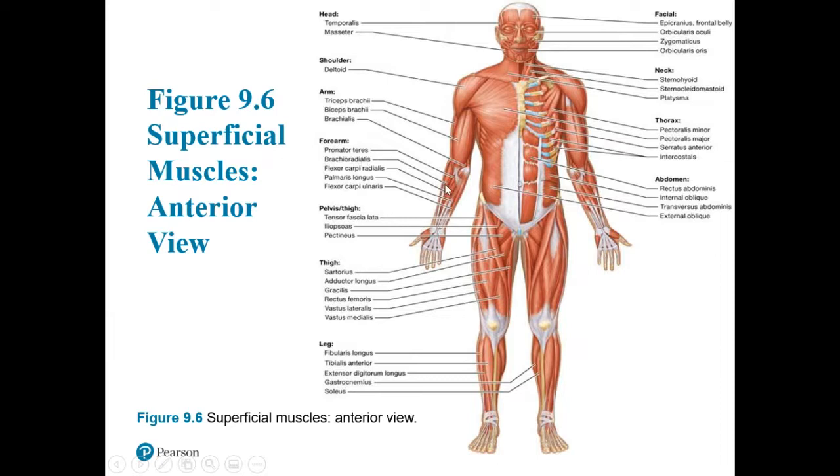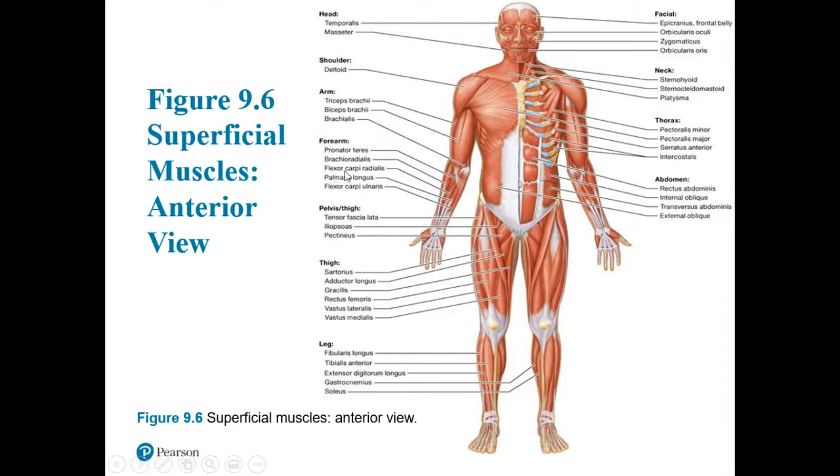Brachioradialis is located right here on the external lateral end of the forearm. That one originates on the distal end of the humerus, and then it inserts onto the carpal wrist bones, slash the phalanges, so that you can move your hand. But it's not only involved in that, it's also involved in the flexion of your forearm.